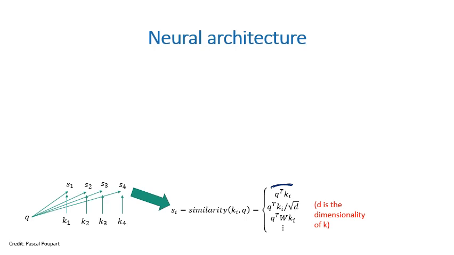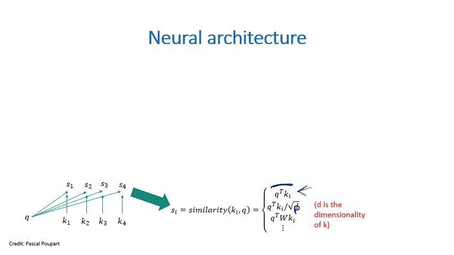In our notation, it should actually be p, so divided by the square root of p. We may talk about this later. It's not that important. The important part is that this dot product is a measure of similarity.